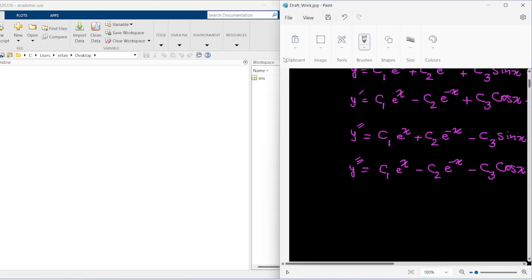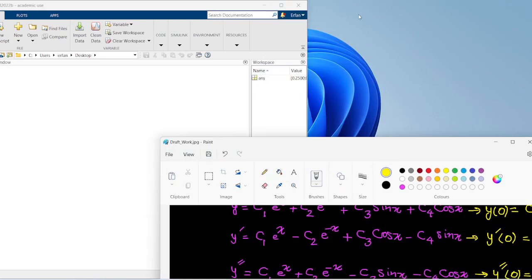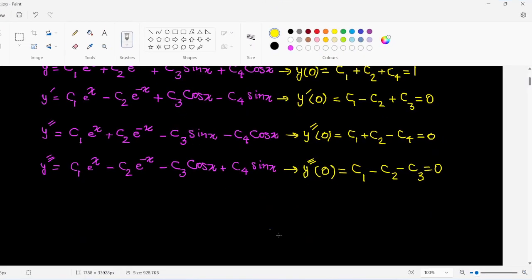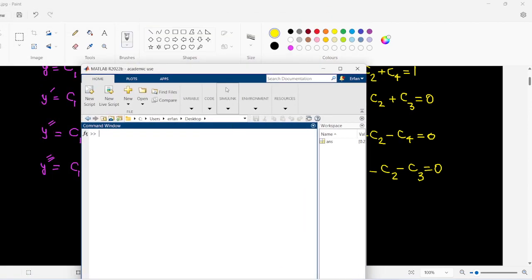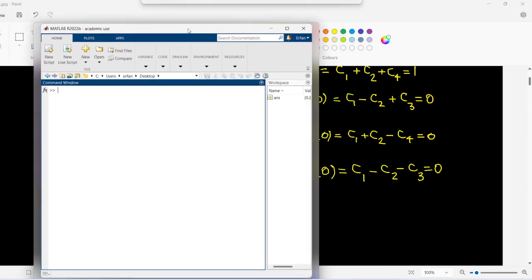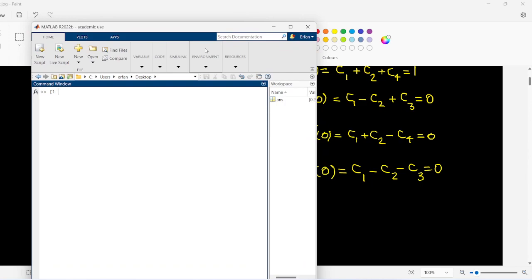Oh my, sorry about that. So the matrix of coefficients are 1, 1, 0, 1. The second row is 1, negative 1, 1, 0. The third row is 1, 1, 0, negative 1. And the fourth row is 1, negative 1, negative 1, and 0.